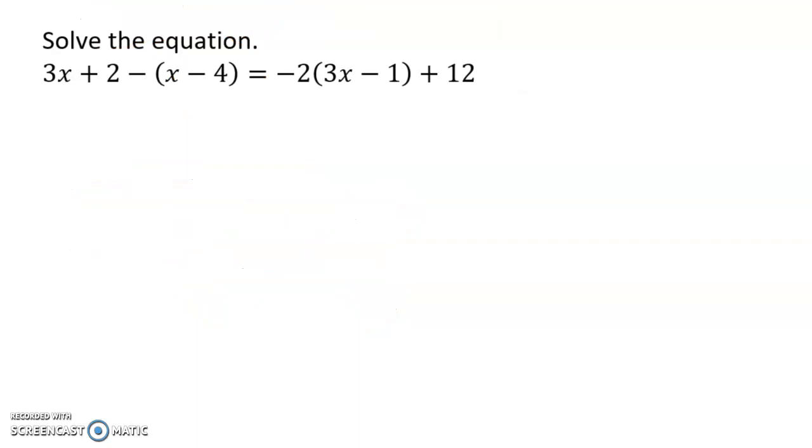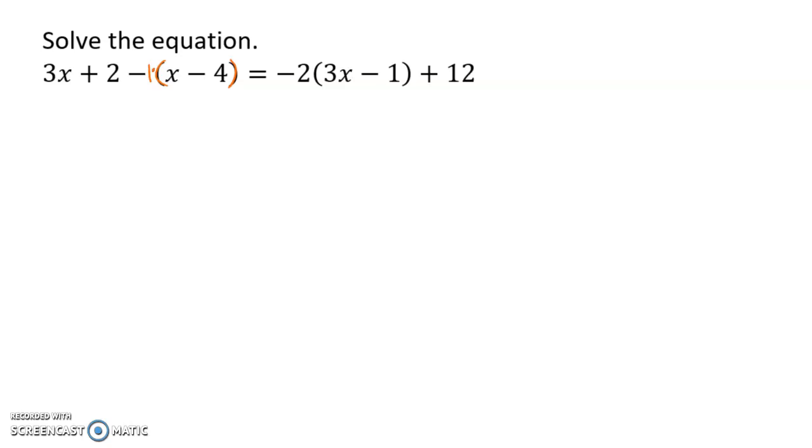Knowing the basic rules, now let's solve a more complicated equation. Say we want to solve this equation. Okay, so first I want to get rid of all the parentheses and simplify this equation a little bit and see what's going on here. So first let me get rid of this parentheses. That means I want to distribute what's in front of this parentheses, which is negative 1.